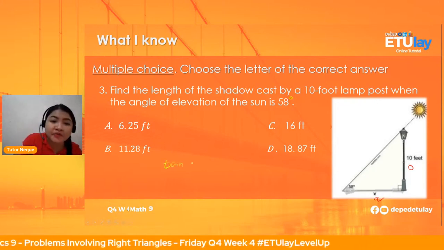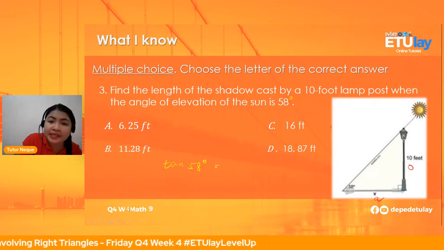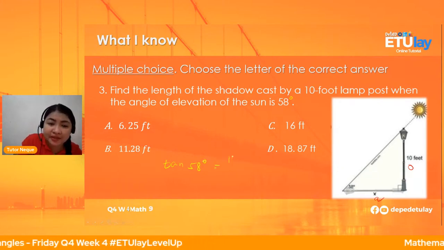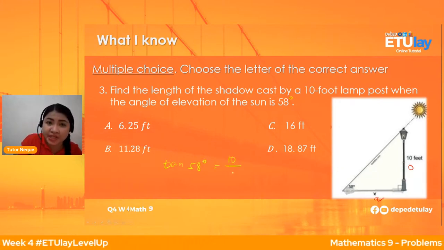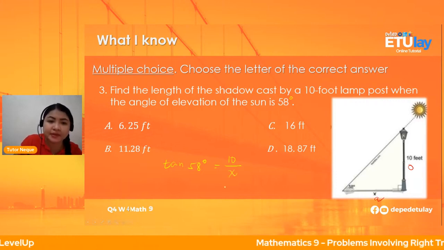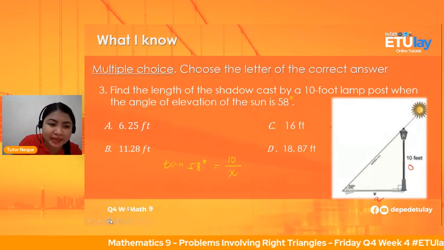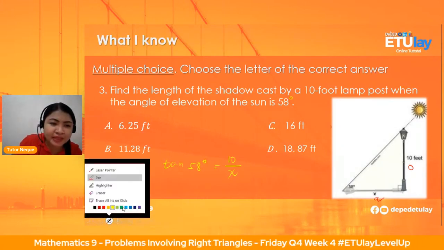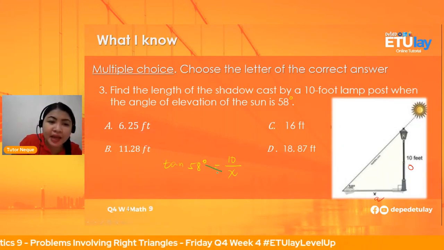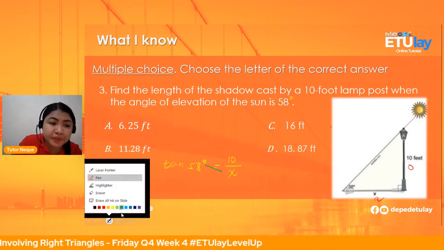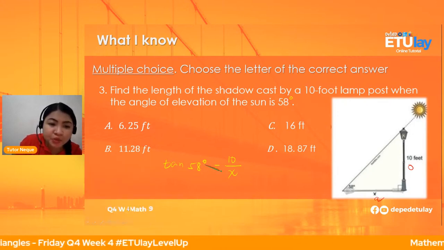Tangent 58 degrees is equal to opposite, which is 10 feet, over adjacent, which is x. By cross product property, bigyan ko lang kayo ng Hokage technique, no? Malupitang technique. You can actually switch this one.